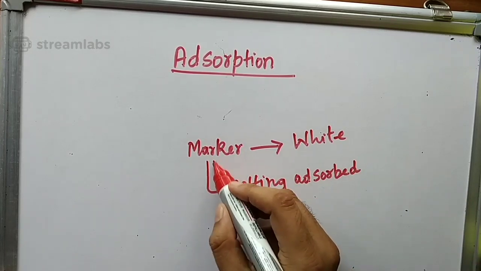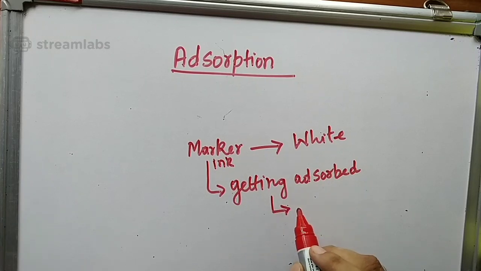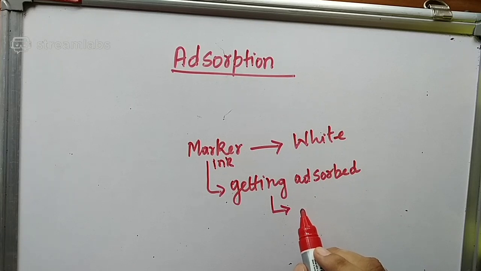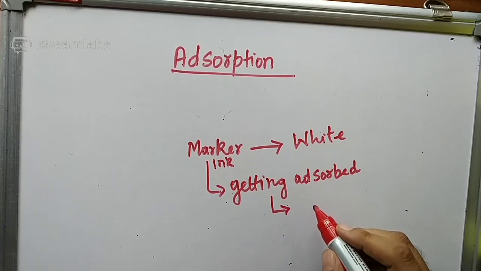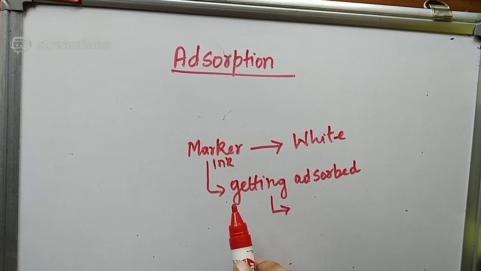So when a chalk or a teacher is writing on the board, what do we call this? Adsorption. Here we can say that chalk is getting adsorbed, or I can say marker ink is getting adsorbed.